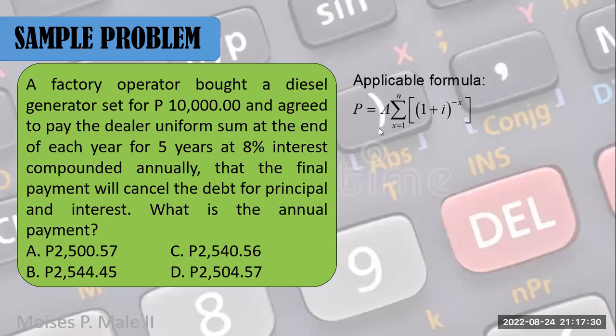So, ayan, P na. Okay, now, to solve for A, so ito lang, P divided by this function, summation notation.